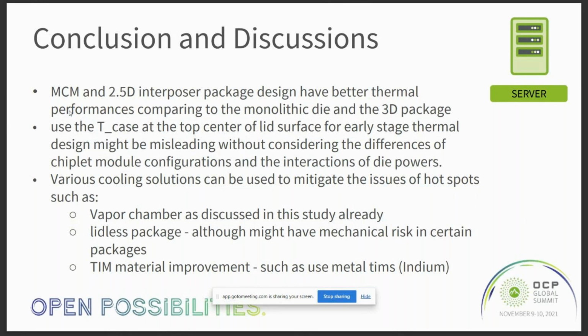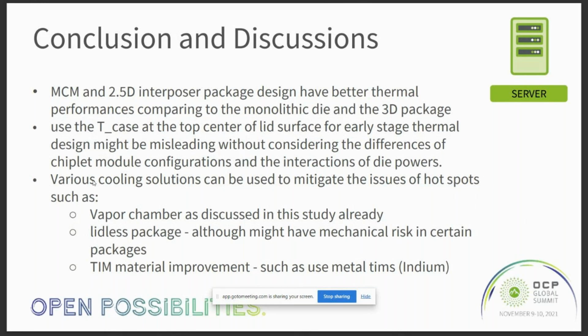So when we compare the thermal performance, we should not only consider the case temperature. In order to improve the thermal performance, we can use, for example, a vapor chamber, and we can also use a leadless package. And of course, we can also use better thermal interface material. There are a lot of options.